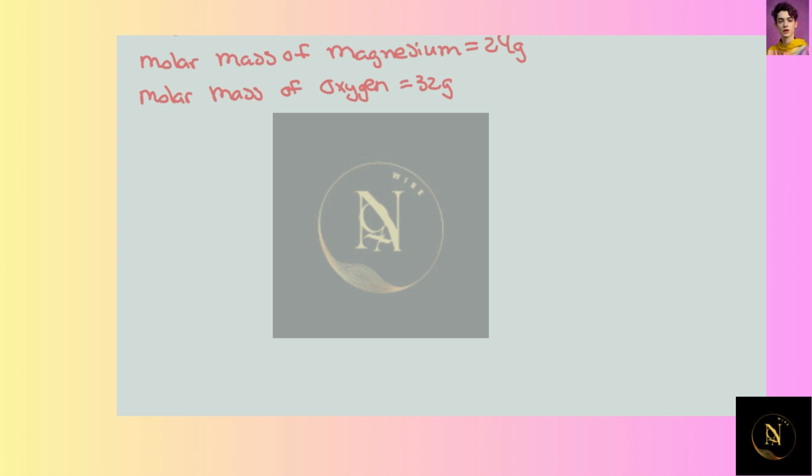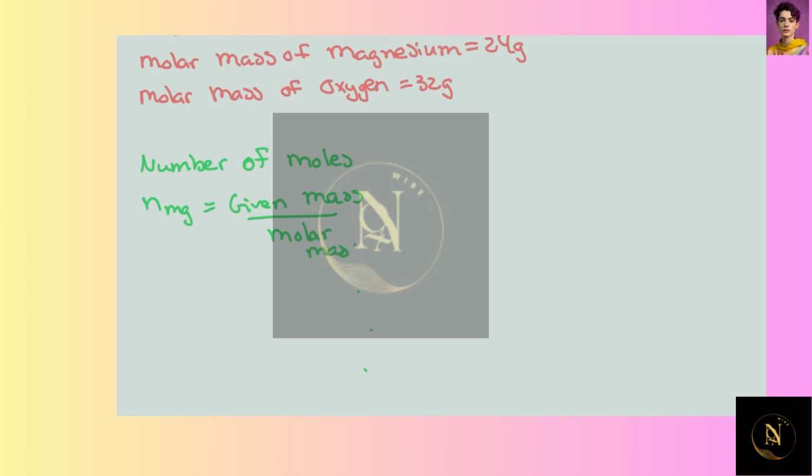The number of moles is calculated as follows. So the number of magnesium moles is the given mass divided by the molar mass.